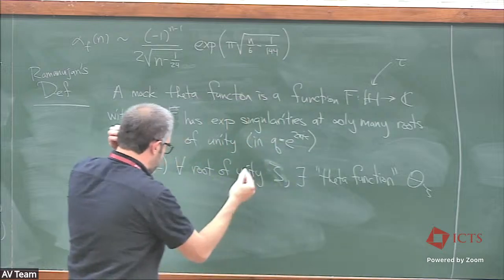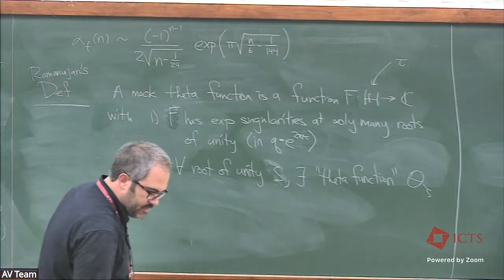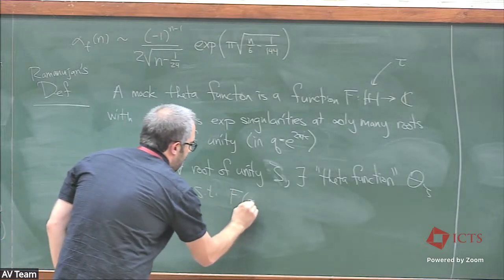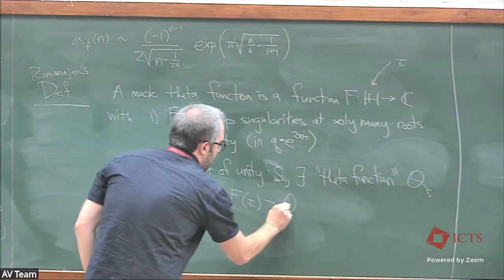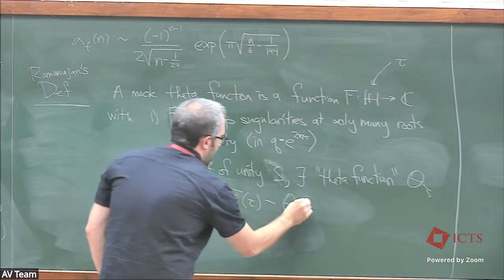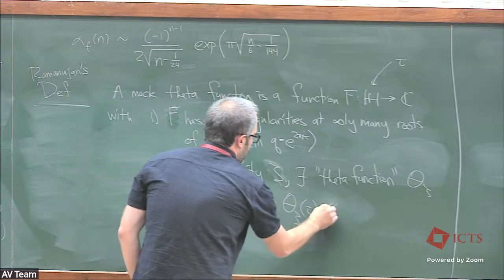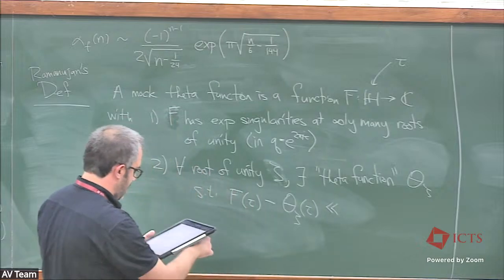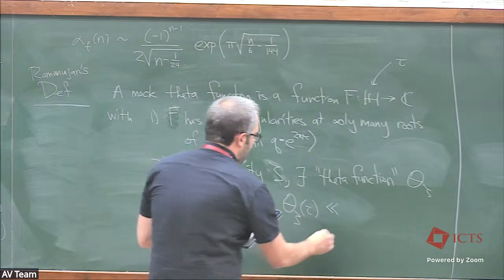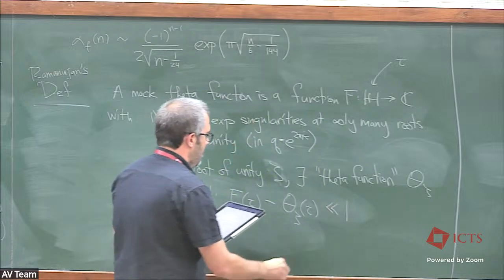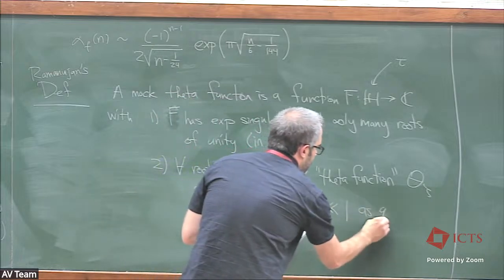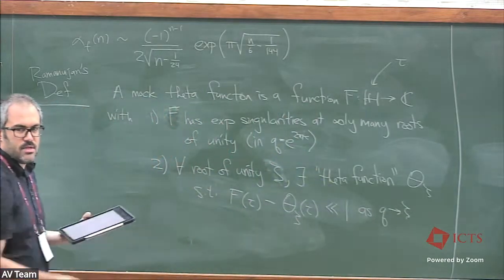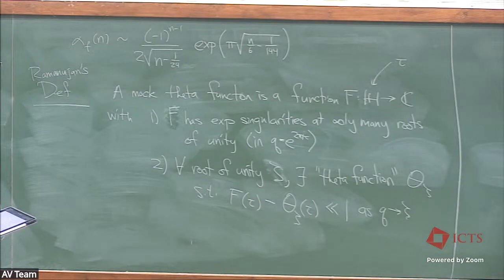It's allowed to depend on this root of unity, such that f of tau minus theta of tau, well, this theta should cut out the exponential singularity. So this should be bounded as q goes to zeta.